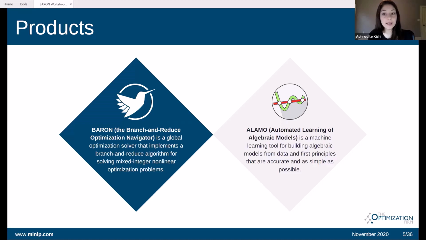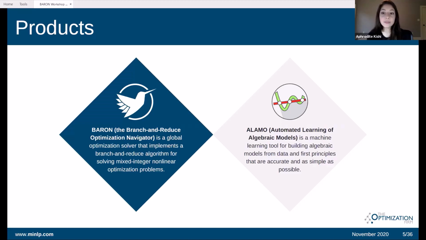Alamo was the focus of a $100 million DOE program that involved 5 DOE national labs and won a 2016 R&D 100 award. Since its introduction in 2018, Alamo has been used by hundreds of engineers and data scientists in industries including automation, chemicals, and pharmaceuticals.